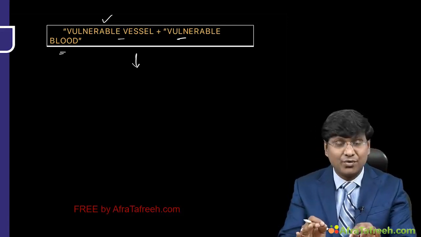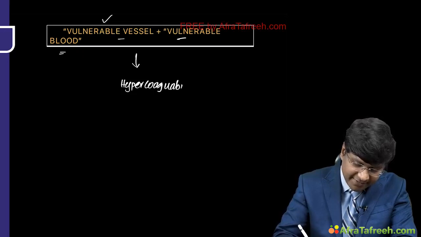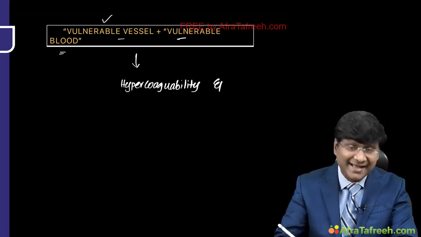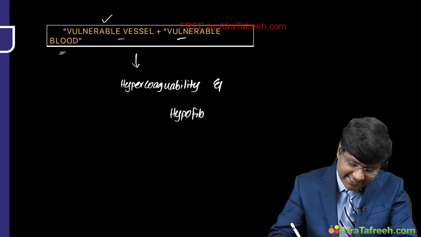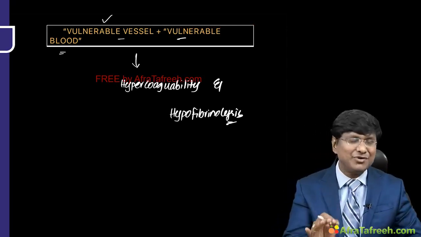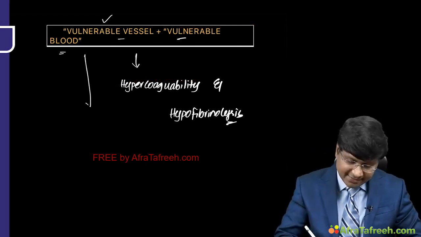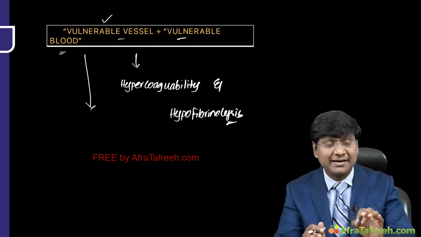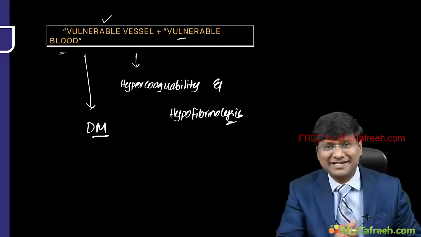These two will promote the state of hypercoagulability and hypofibrinolysis. Okay, so vulnerable vessel and vulnerable blood will promote the state of hypercoagulability as well as hypofibrinolysis. And this vulnerable plaque and vulnerable blood is especially true in patients with diabetes mellitus.